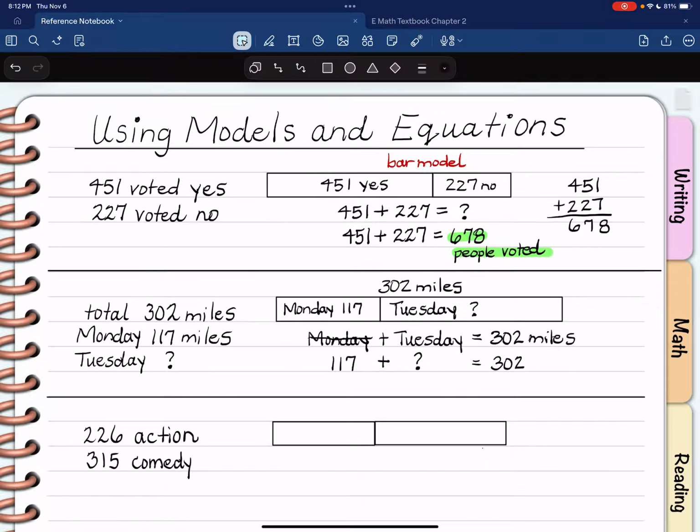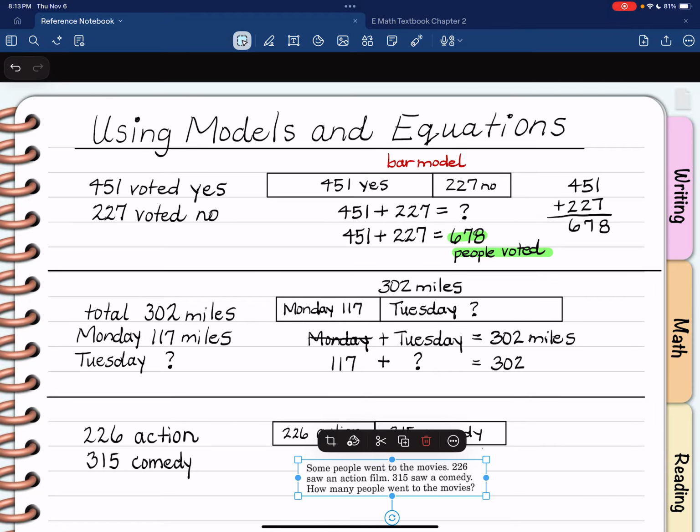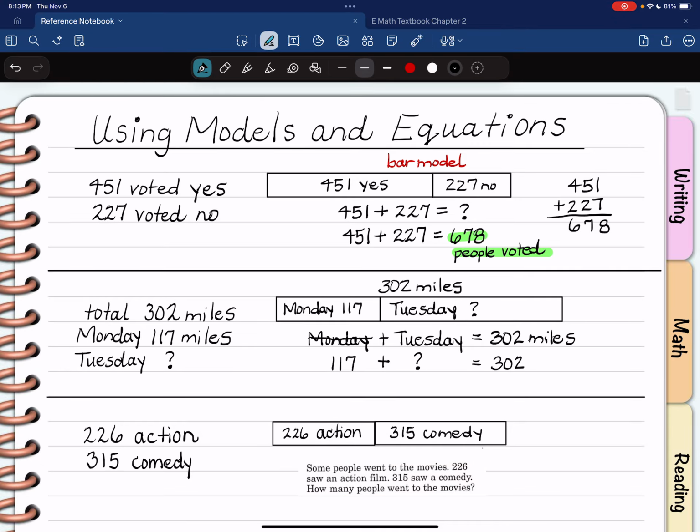They don't have to be perfect, but they need to make sense. So 226, we have action movies. And then 315, we have comedy movies. And I forgot to write something very important. My question mark. The question is, how many people went to the movies?